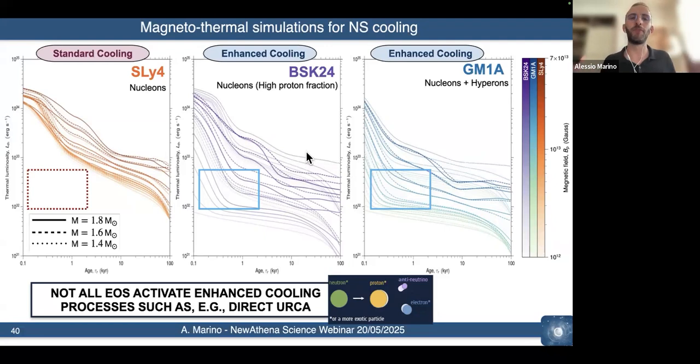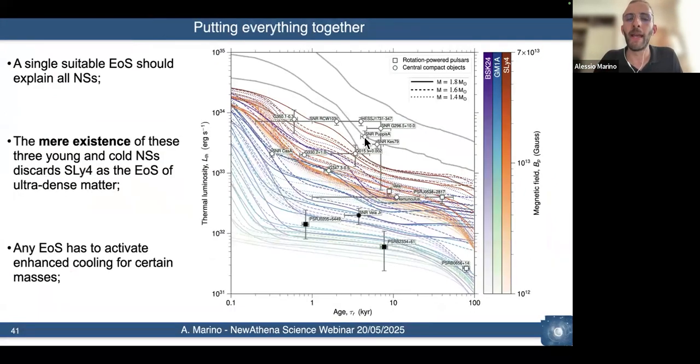Now, what happens when we put observations and simulations together? As you can see, while the rest of the population can be described by all three types of curves, the three neutron stars that we have isolated at the beginning of this talk can only be described with the blue and green curves and cannot be compatible with any of the SLy4 equation of state.